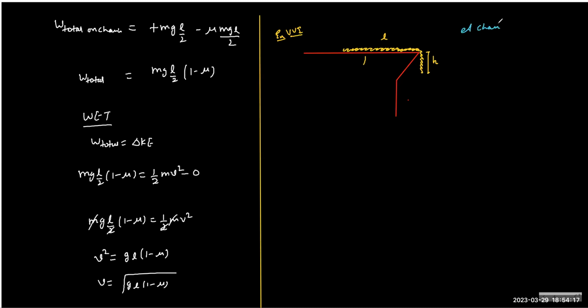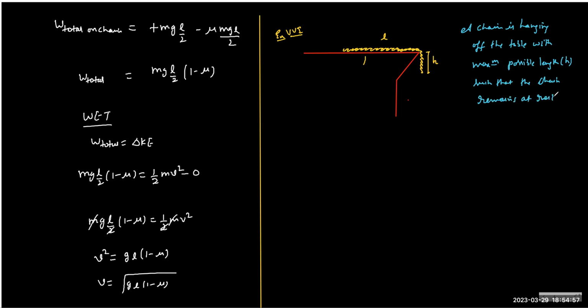A chain is hanging off the table with maximum possible length such that the chain remains at rest.